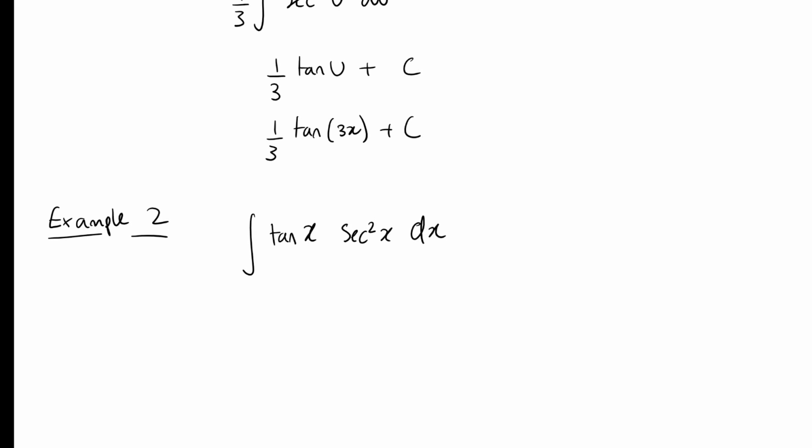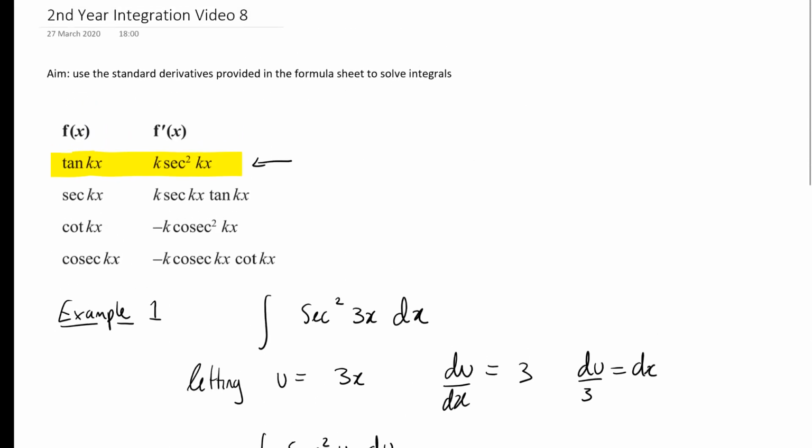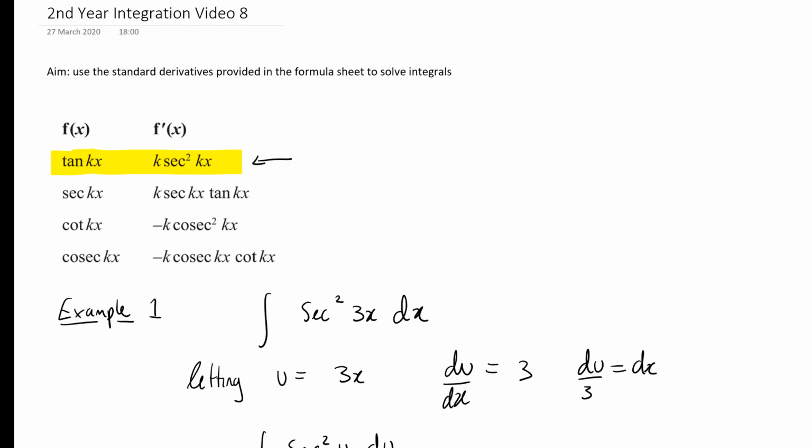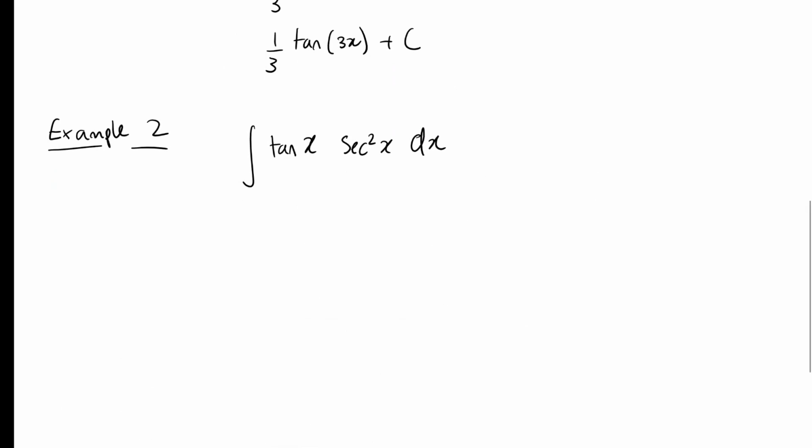One part of the integral is related to another by differentiation. We know this by looking again at the highlighted line here. Tan x and sec squared x are related by differentiation. Sec squared x is the derivative of tan x. So this is related to this by differentiation.